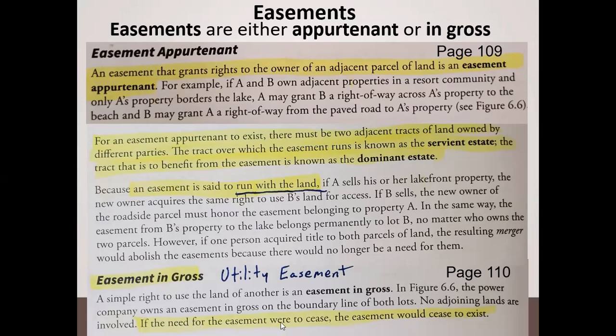If the need for these easements were to cease, the easement would cease to exist. So this type of easement right would be an easement that would allow them to put a telephone pole on your property, or to have a gas line or water main or something going under your property.